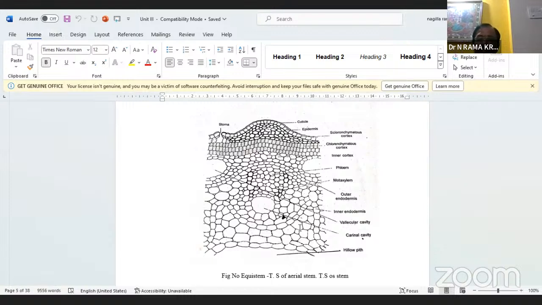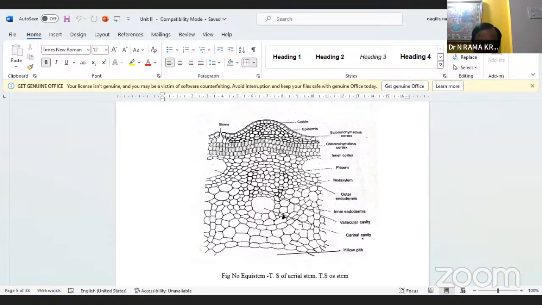as is a character of hydrophytic plants. And similarly, the xylem is a V-shaped structure, and it is endarch. The metaxylem consists of scalariform tracheids. Okay, the protoxylem tracheids become disorganized, forming the carinal canal.